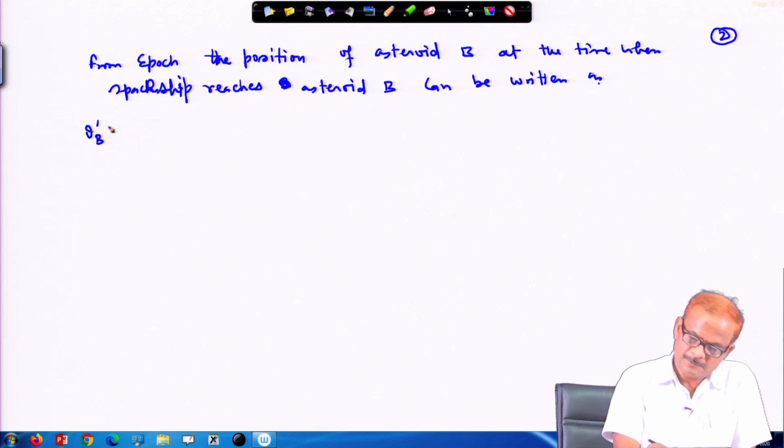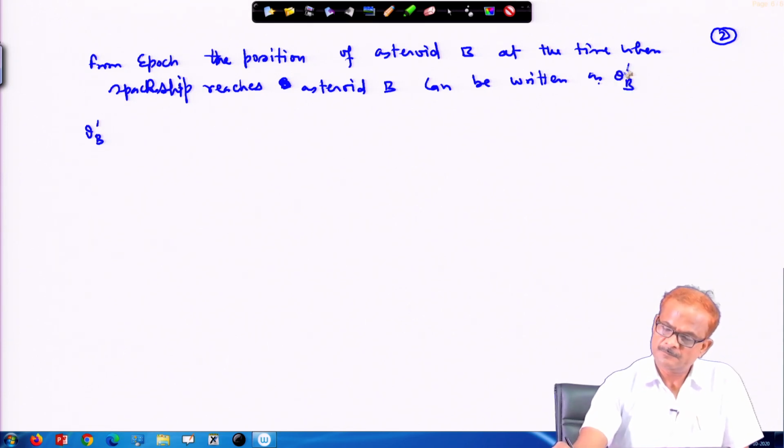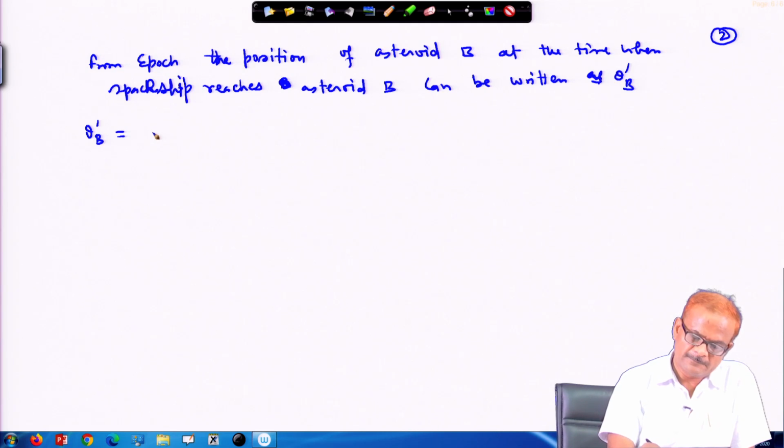theta B prime, and theta B prime will be how much?